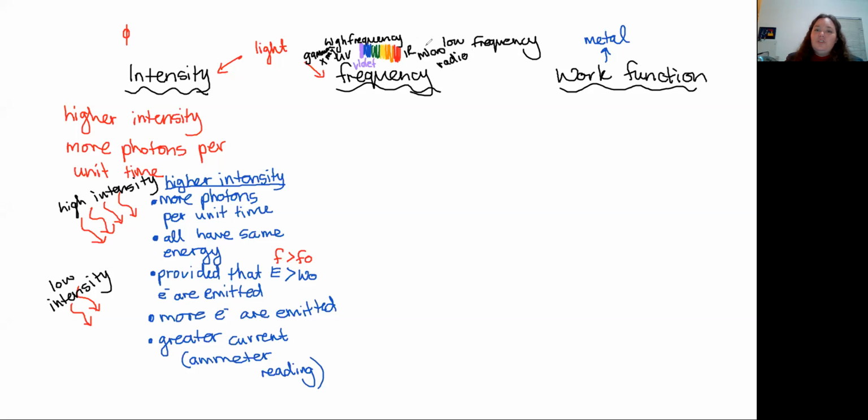Usually you're going to find that if the color that you've got doesn't emit an electron, you go to a higher frequency. The higher the frequency, the more energy the photon possesses.